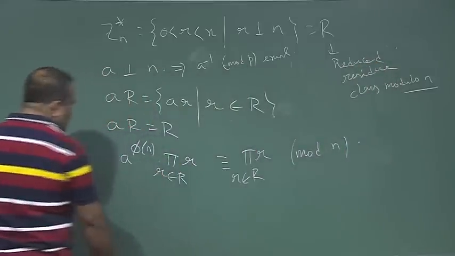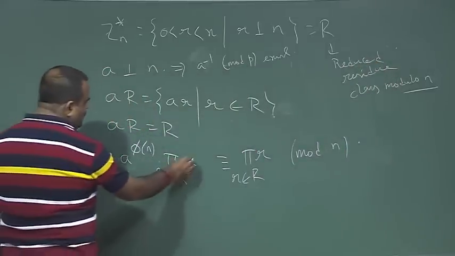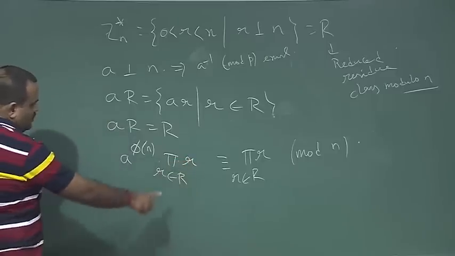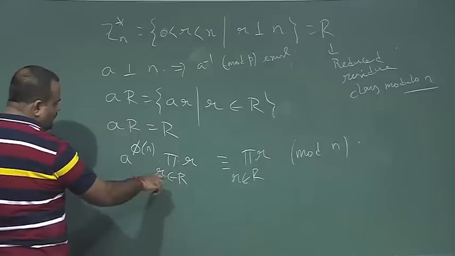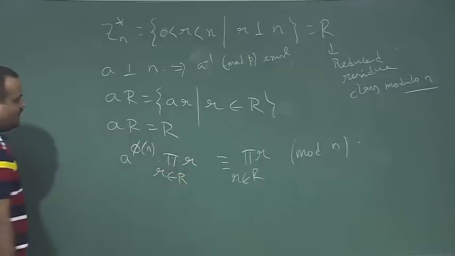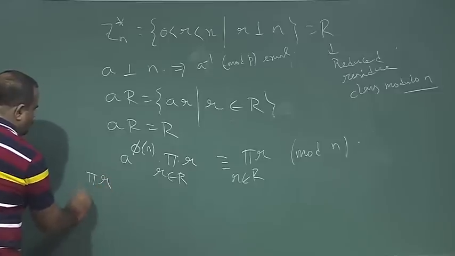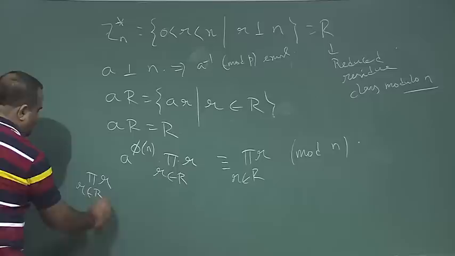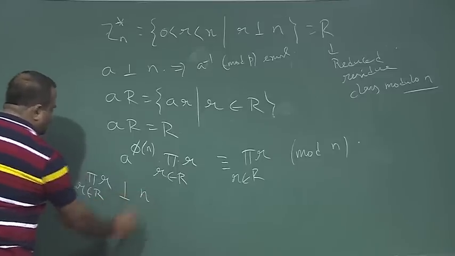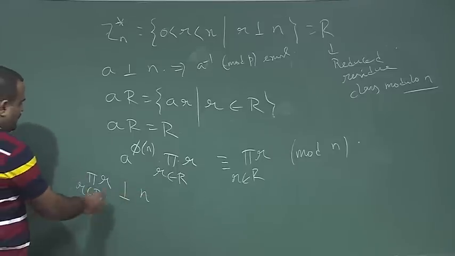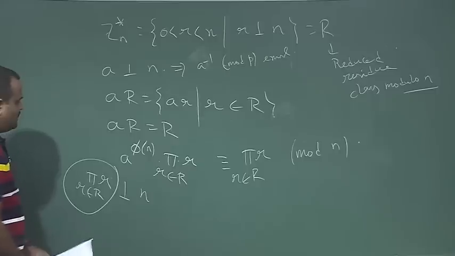Okay. Now, all the elements in R are co-prime with n. So, that means the product is also co-prime with n. That means its inverse exists under mod n.